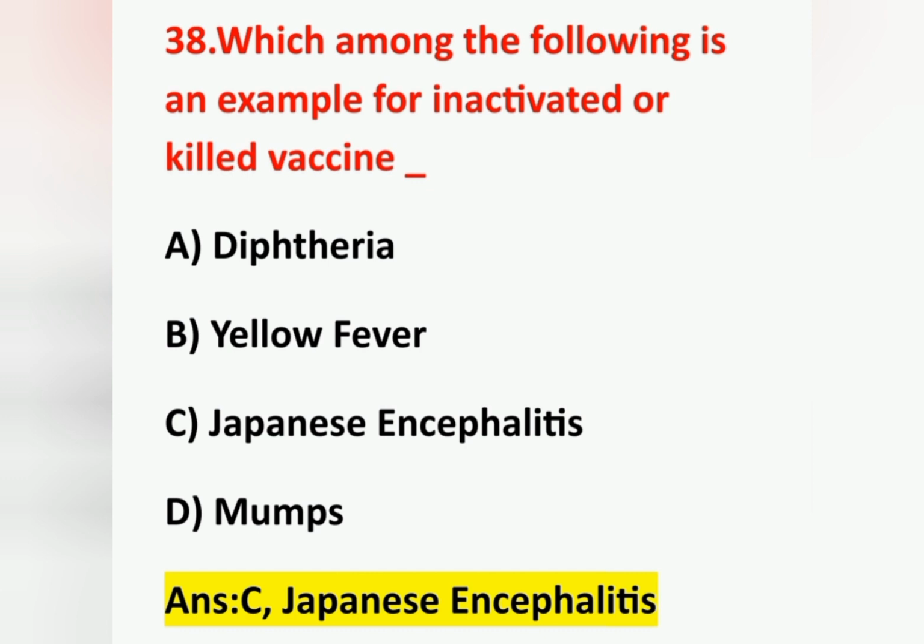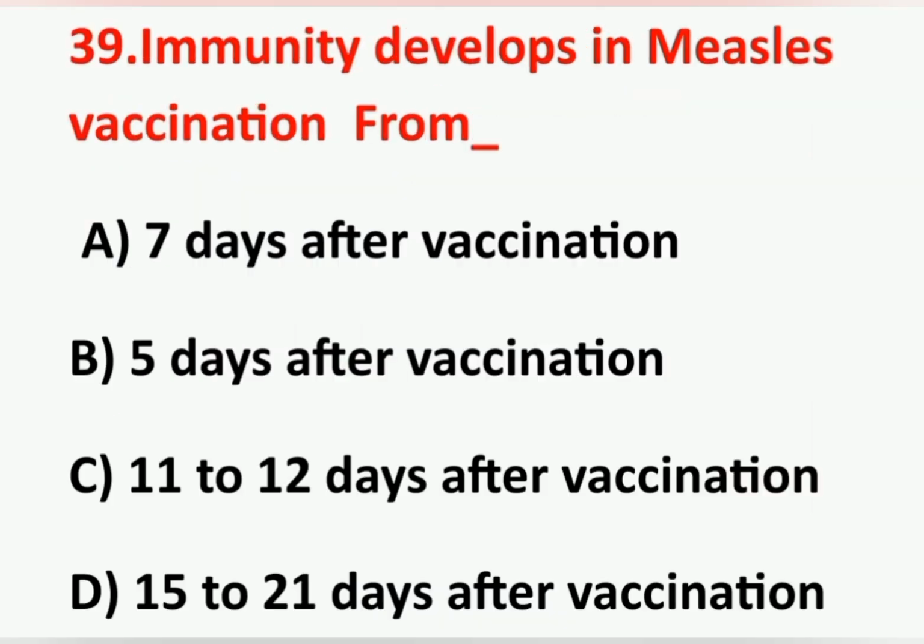So Japanese encephalitis vaccine is an example of an inactivated or killed viral vaccine. So option C is the correct answer.